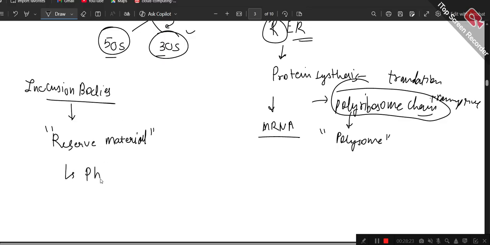For example, phosphate granules lie in the cell, and you can also write glycogen granules. These all lie in the cell, not membrane bound, and they are basically storage units, with reserve material stored in them.